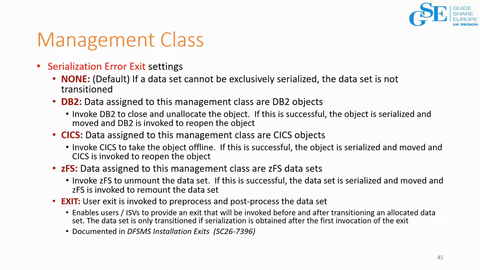So HSM will invoke the specified application or exit, and then the appropriate action can be taken so that the data set can be serialized. And once it's serialized, DSS can then perform the transition, and then DSS will re-invoke the application or exit to restore the data set back to its original open state.